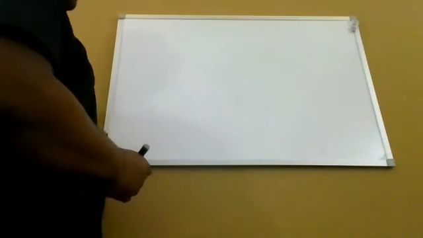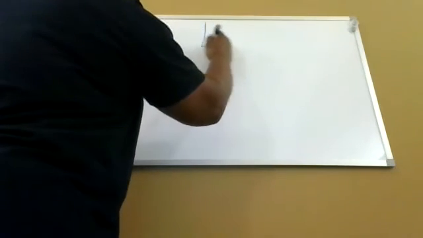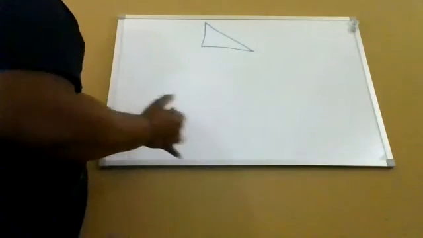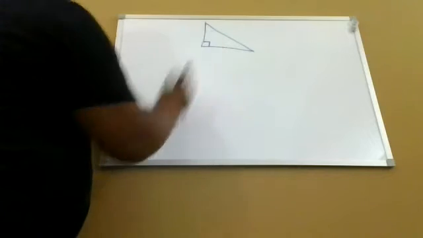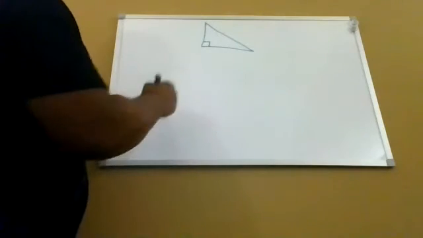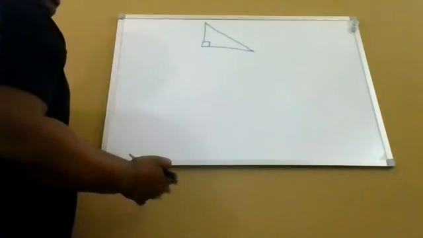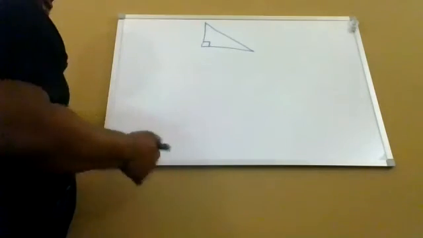Actually, you have a right triangle. And I know it's a right triangle because I'll have this symbol usually right there. The little square means it's a right triangle, which means that angle equals 90 degrees.